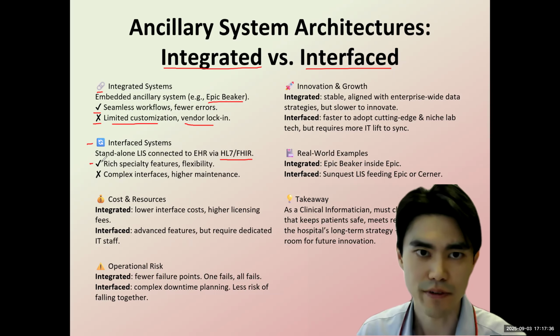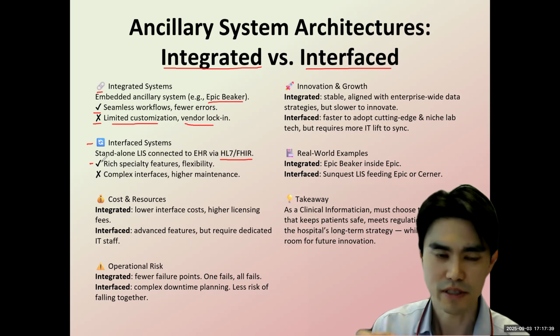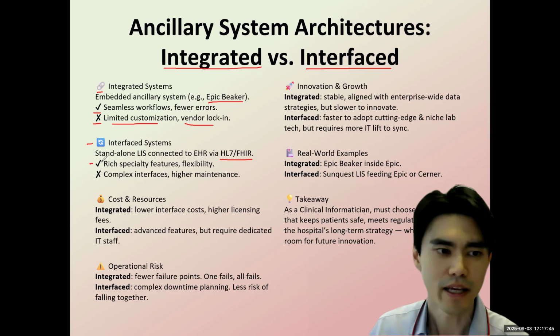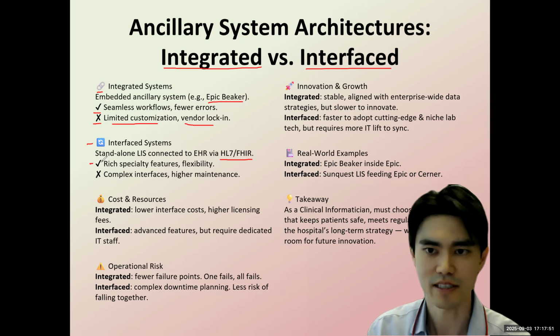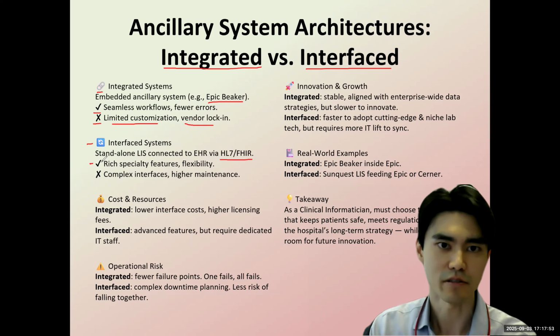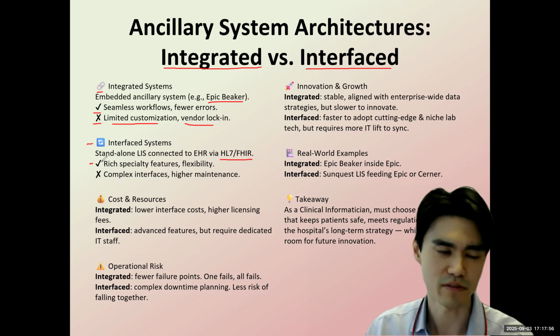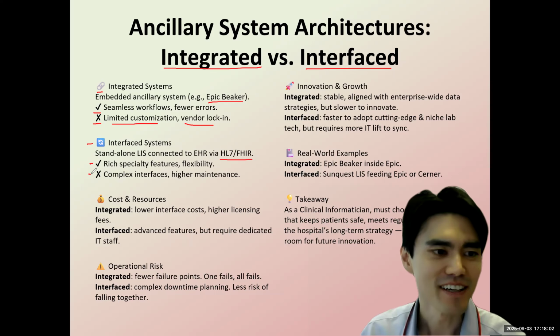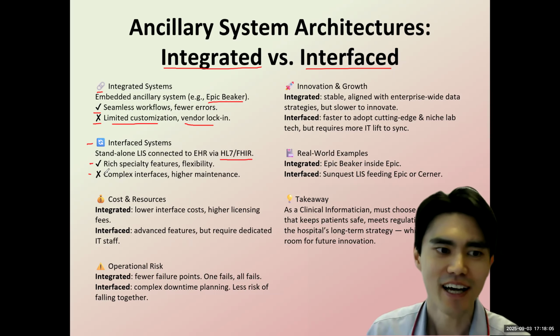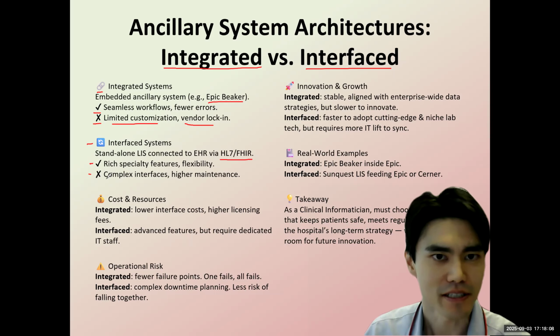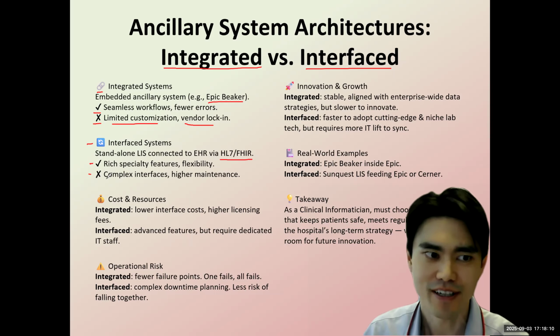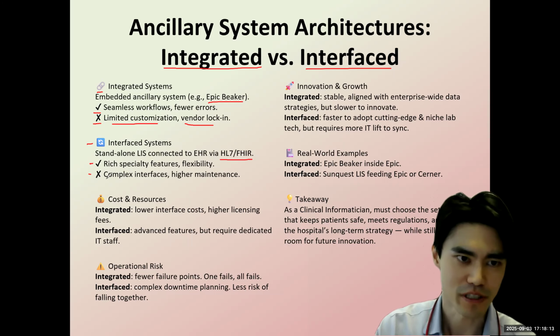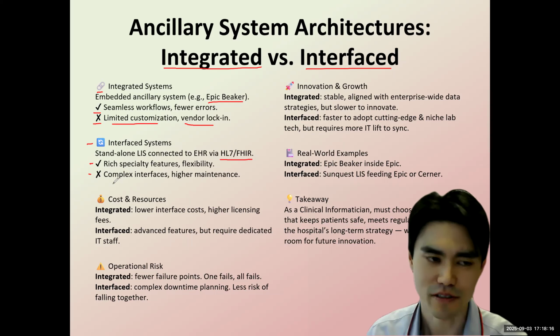And because that vendor is so uniquely positioned and is rich in specialty for that specific ancillary system, it might have much more rich specialty features, and there might be more flexibility and functionality that is specific for that ancillary system, laboratory information system, radiology information system, or pharmacy information system. But maintaining that could be very complex, and the interface could cause a potential for error. It might not interface nicely and smoothly with the main EMR. So these are some things to consider.